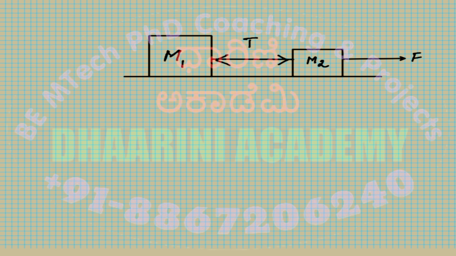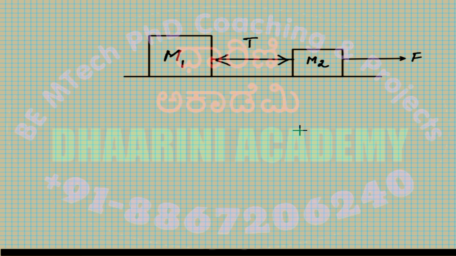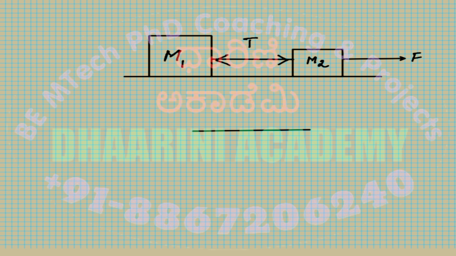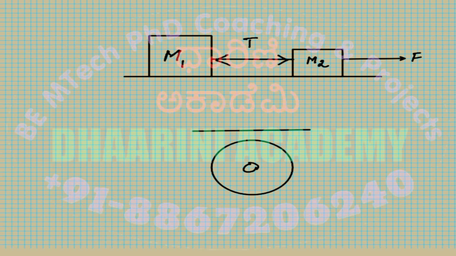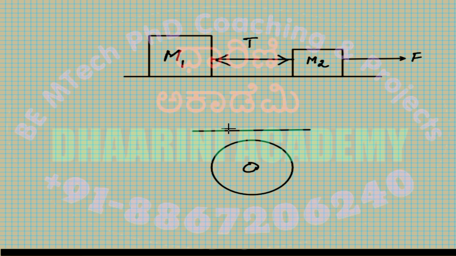Also, you can give another good example like this. Let us say we have this surface. Onto this surface, let us say we connect a pulley. So this is a pulley that we are going to connect. This is the center of the pulley. The center, we can connect to the surface by means of some sort of connection. Okay, it is connected.